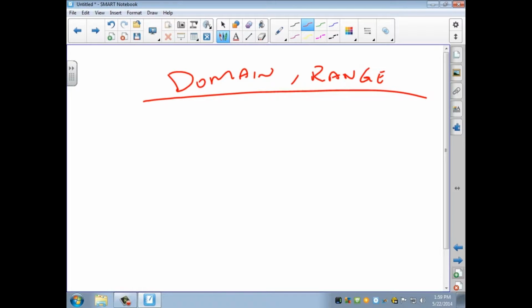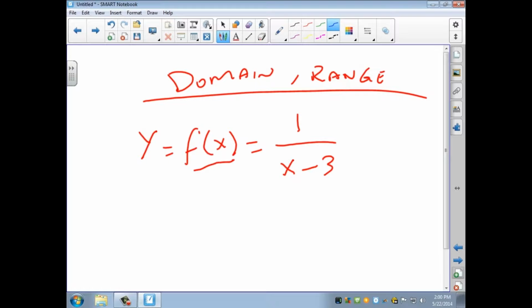So for example, if you have y, which is a function of x, and is equal to 1 over x minus 3, then in this case, for this function to have a real value, the denominator should not be equal to 0. So x minus 3 should not be equal to 0.